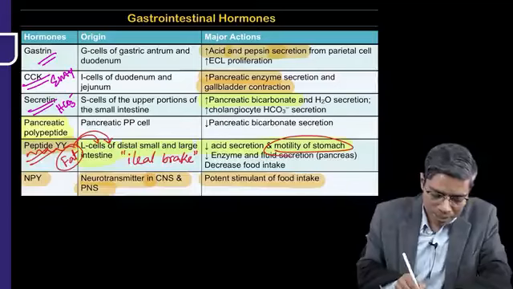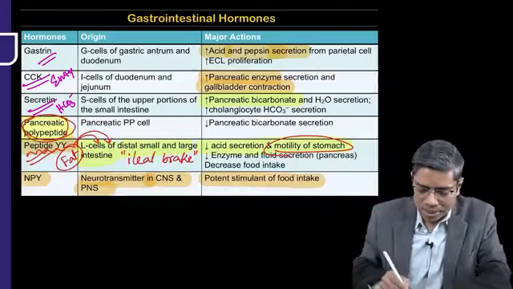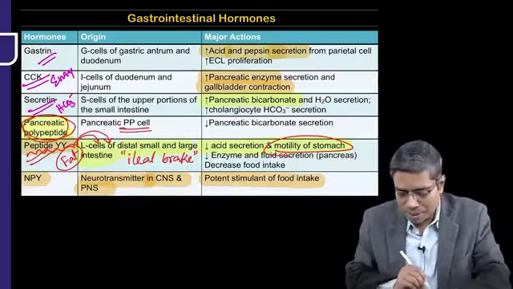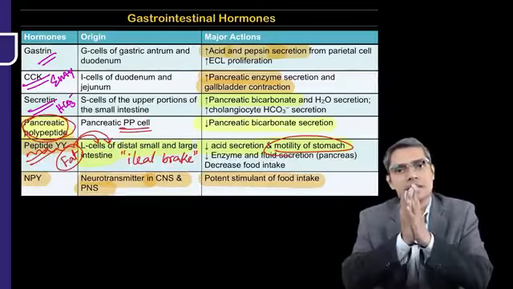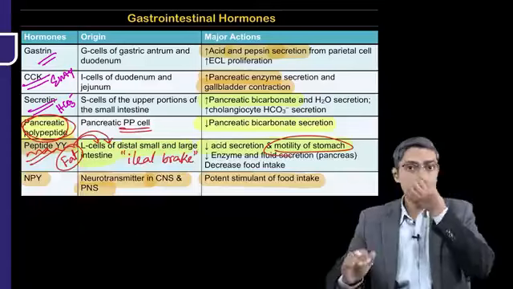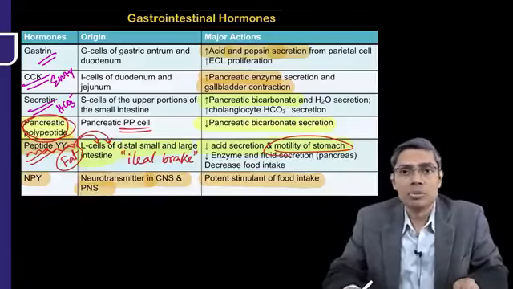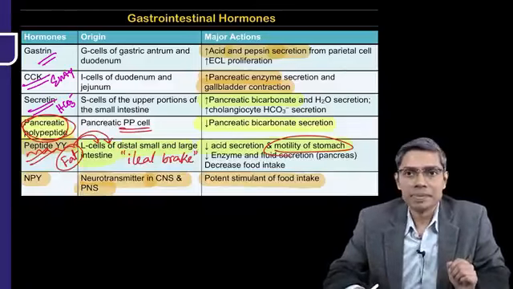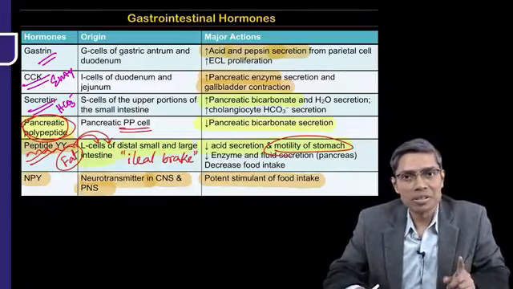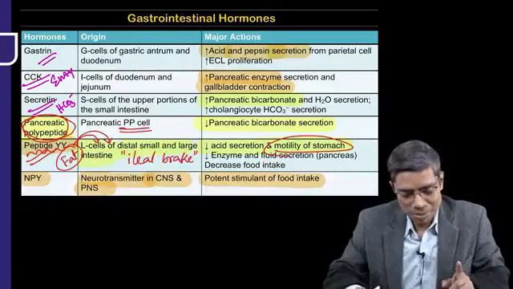Apart from that, pancreatic polypeptide is secreted from the pancreatic PP cell and it decreases pancreatic bicarbonate secretion. So these are the important hormones that you have to remember in the GIT. Now, apart from all of them, another important GI hormone is there. Look at this MCQ.